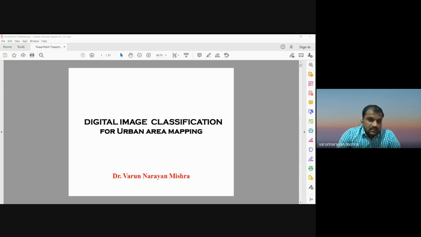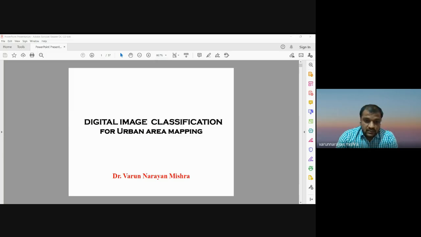So how are different kinds of image processing and image classification techniques useful for mapping the urban area, so that we can easily extract information from the images about the area with urban or non-urban? We can easily calculate the area statistics for different urban classes.